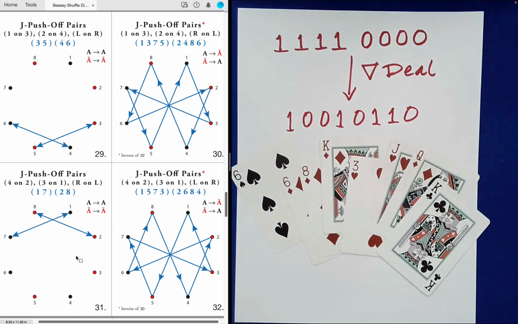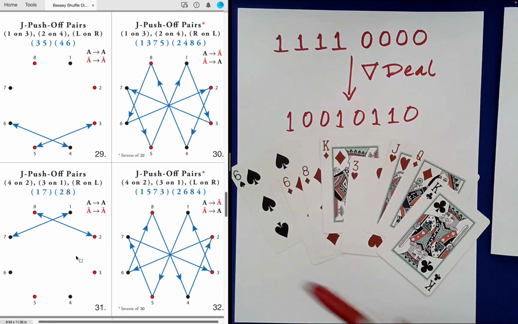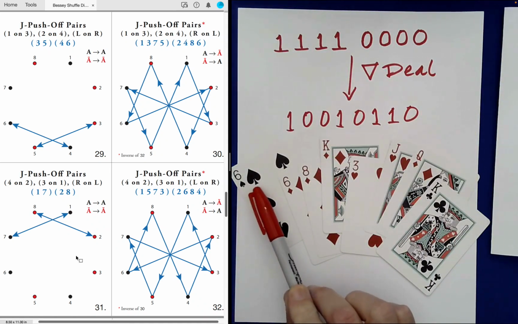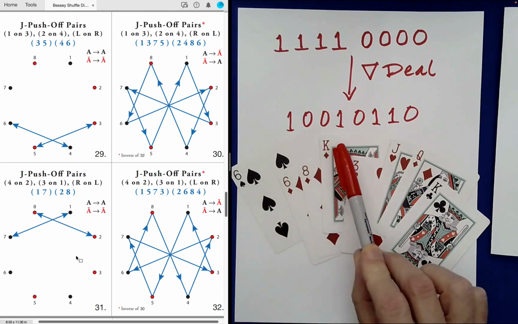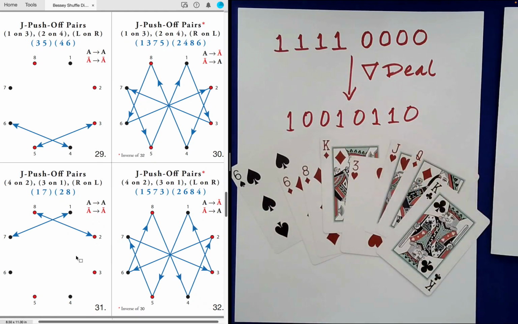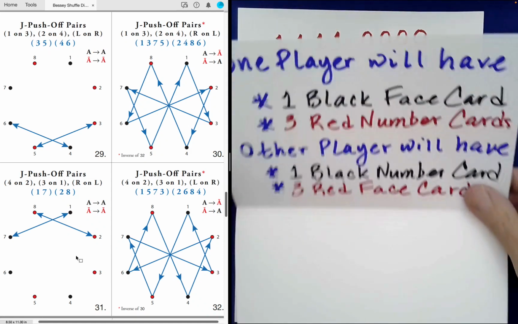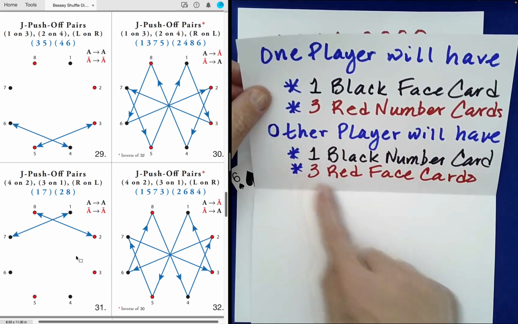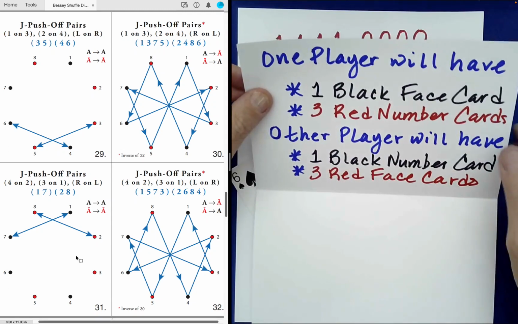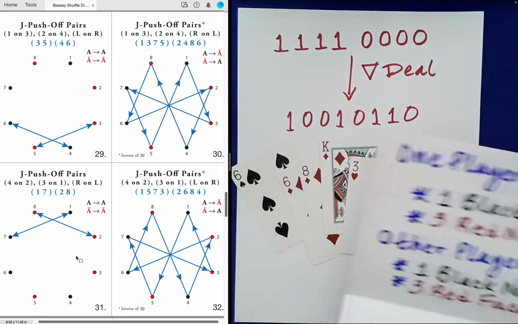So look at what is in these positions. We have a black numbered card and then 3 red face cards. Okay, that was the designation of the cards at the bottom of our sheet. We have 1 black numbered card and 3 red face cards.